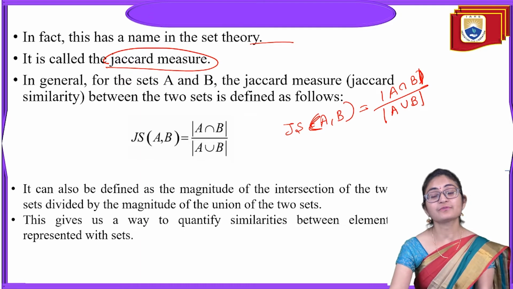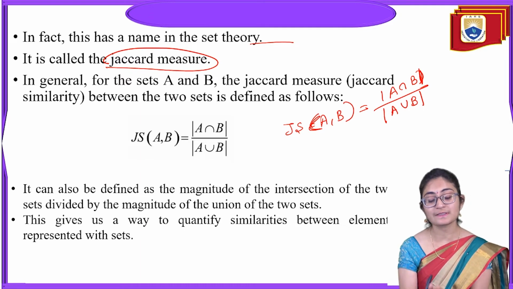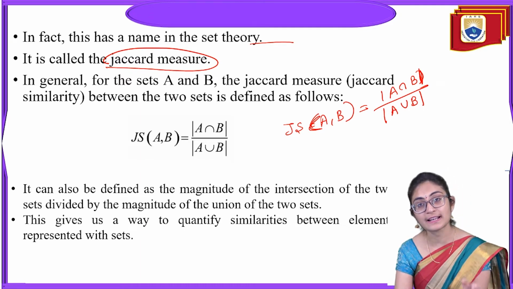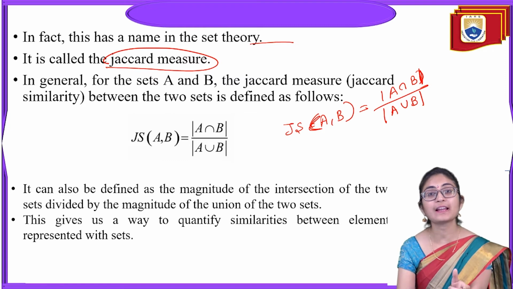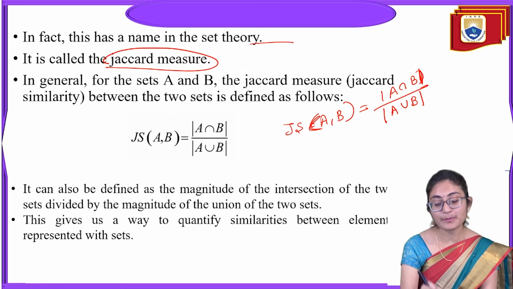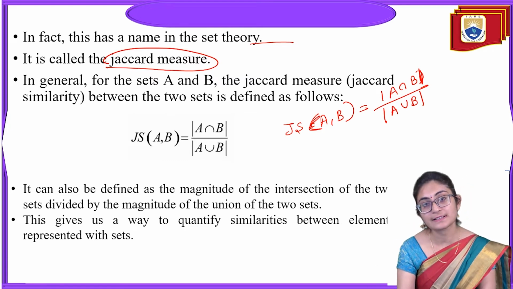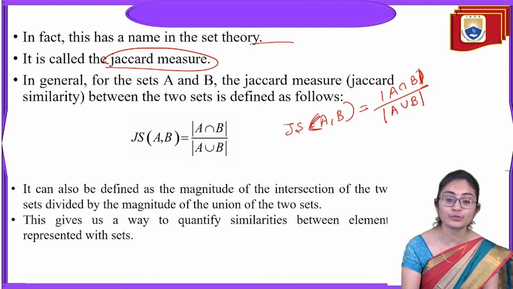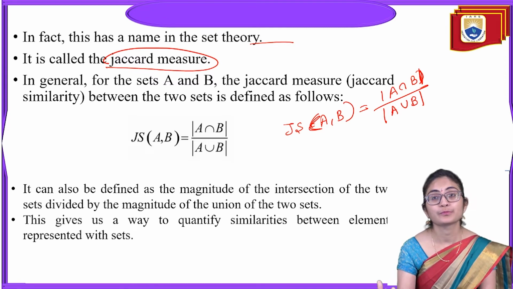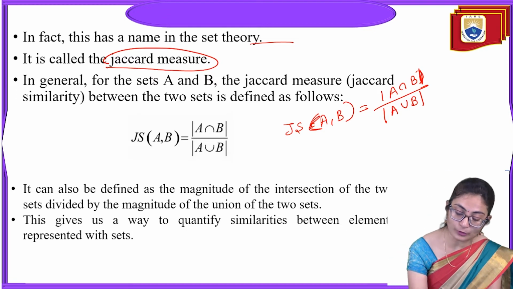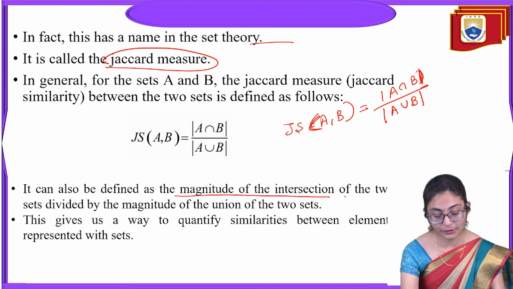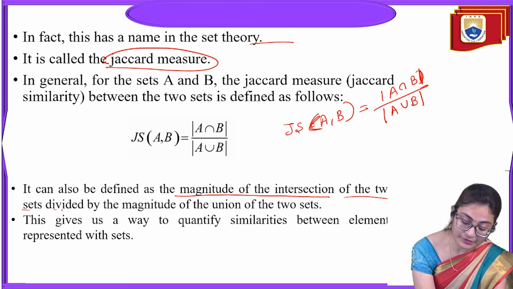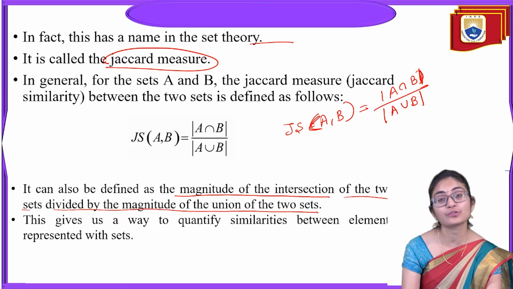When we are finding the similarity between two sets, we can use the Jaccard measure. The Jaccard measure formula is the magnitude of the intersection of the two sets divided by the magnitude of the union of the two sets.